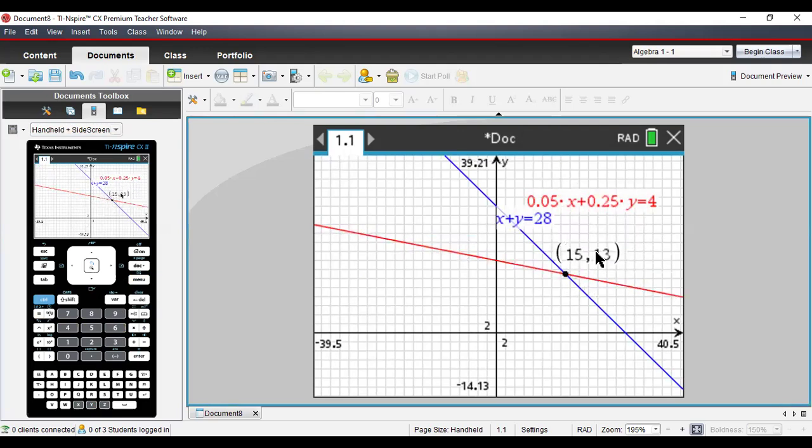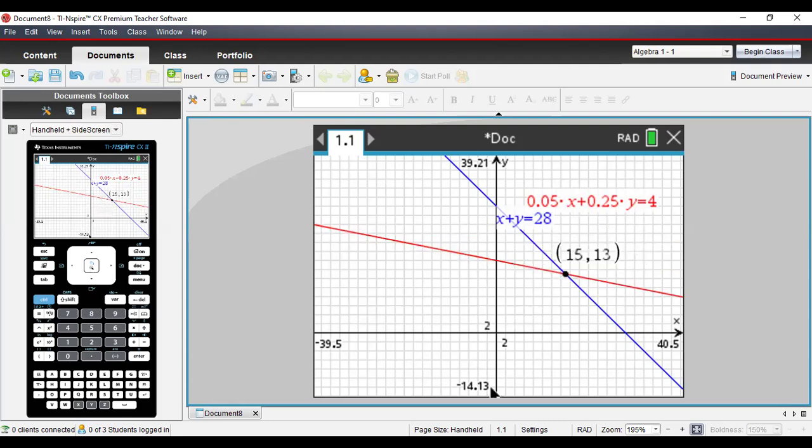If you want, you can double check that. 15 nickels would be 75 cents, and 13 quarters, 12 quarters is $3, so $3.25. Those two together add up to $4. So that's the answer.